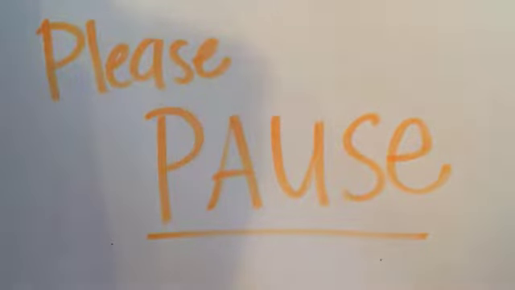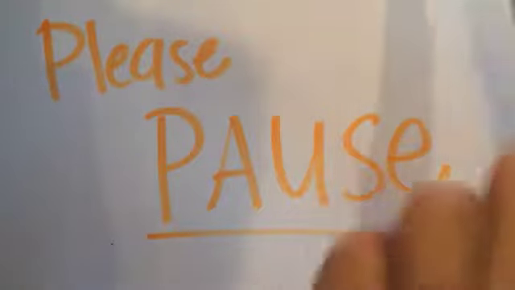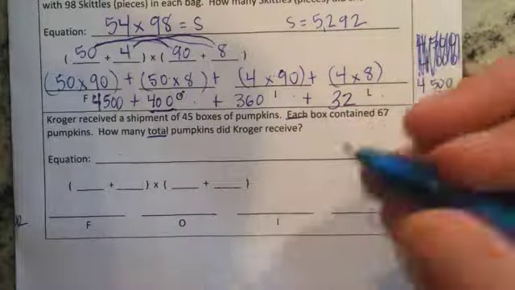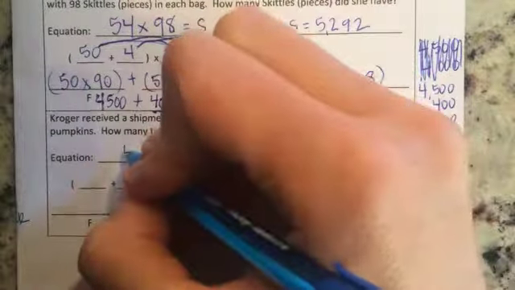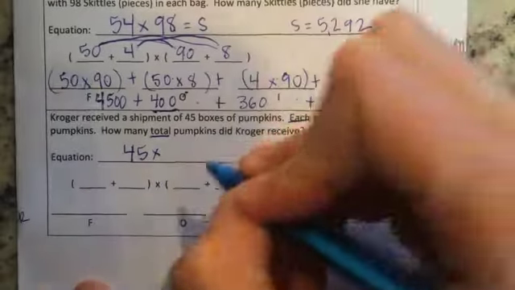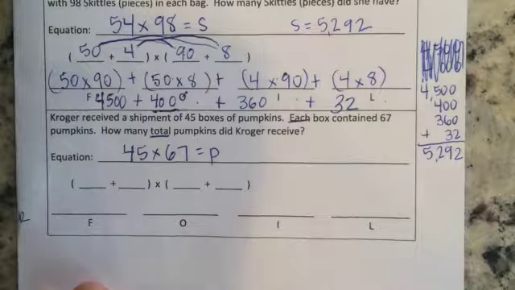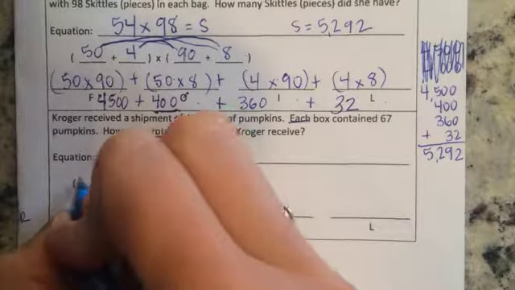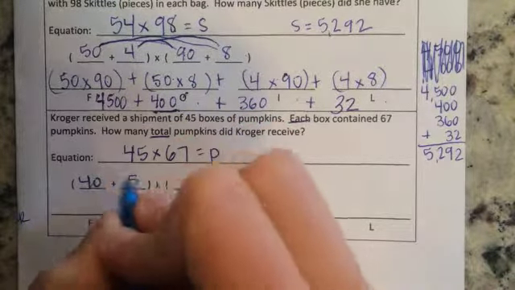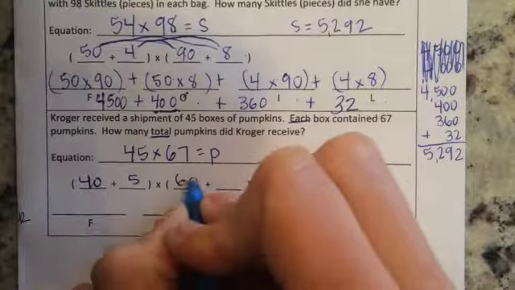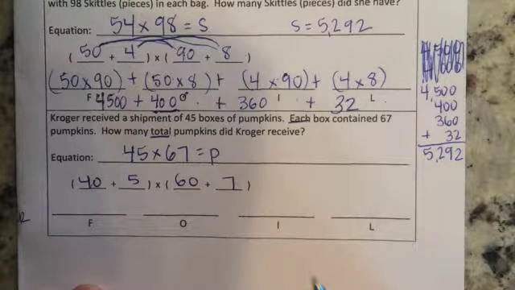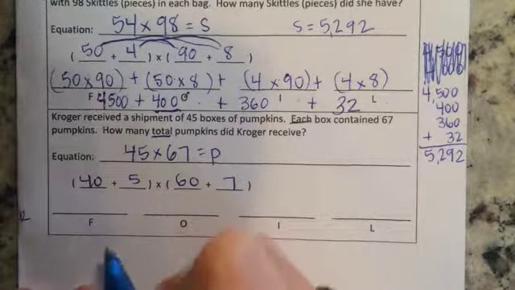Okay, so now you should have written your equation. We got 45 times 67 equals P for pumpkins. We would have broken it down into 40 plus 5, that equals 45, and 60 plus 7, or 67. Okay, so now I'm going to do my FOIL method.